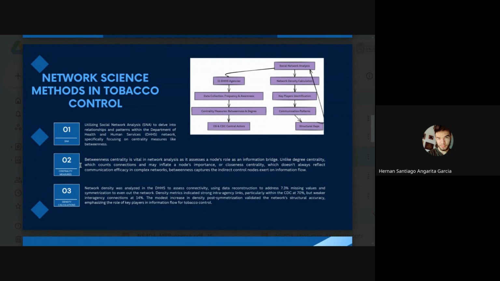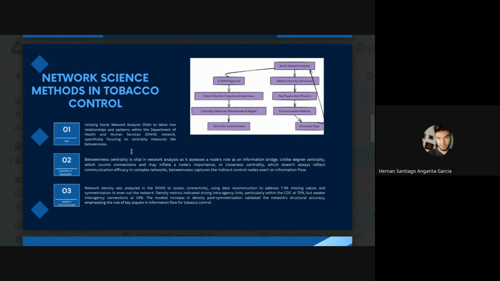About the centrality measures, the principal approach is betweenness centrality, because betweenness centrality is mathematically very useful for finding these agencies in the network with the very shortest paths.